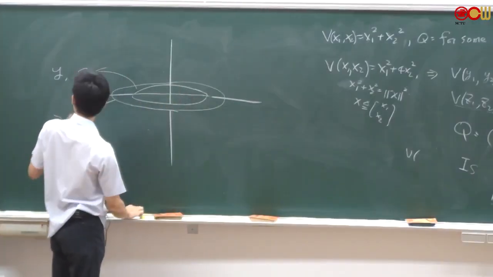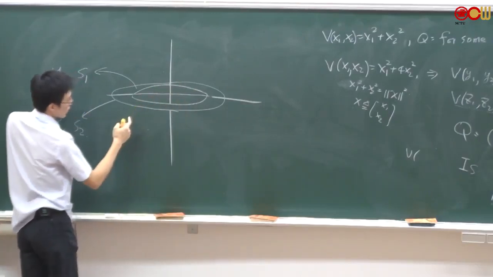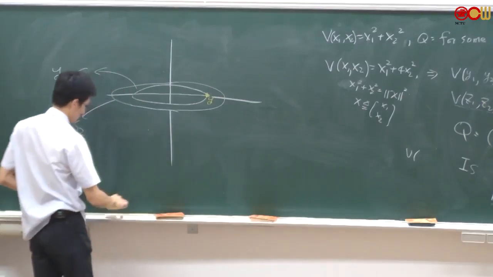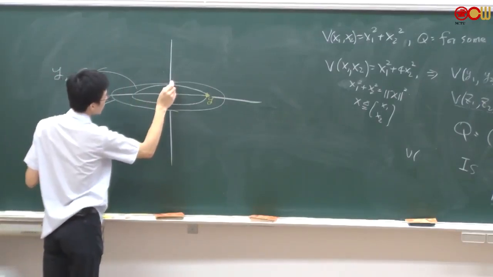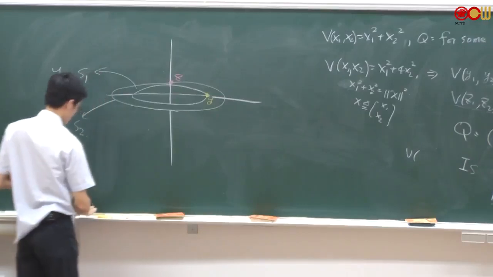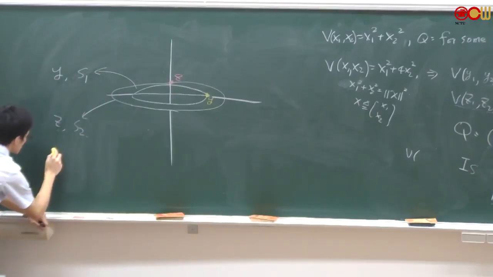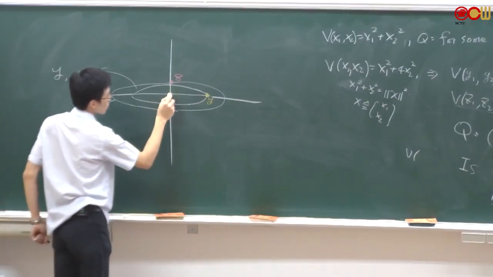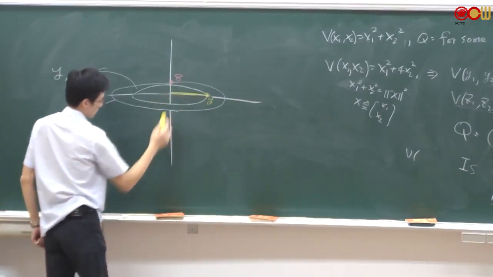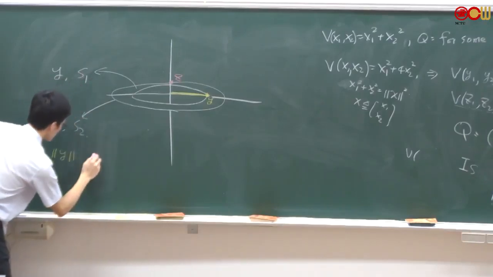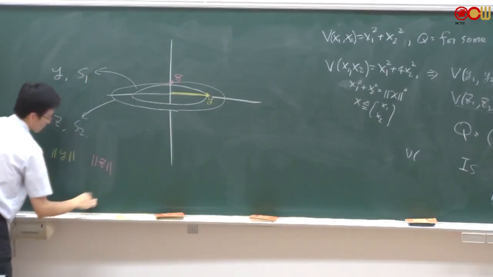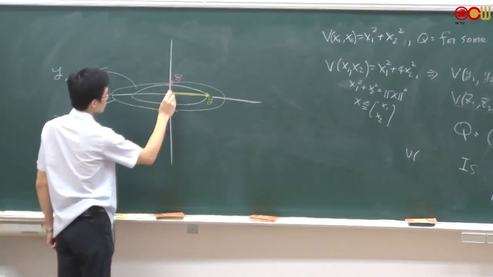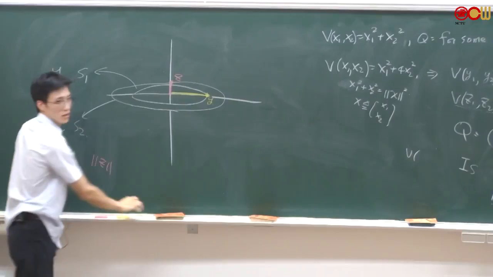If I choose y to be here and z to be here, the distance of y to the origin is this, and the distance of z is this. Which one is larger?